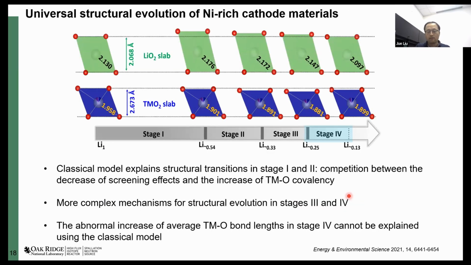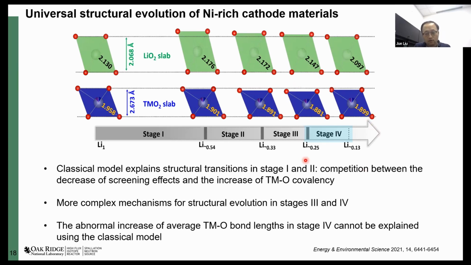Based on the conventional understanding of this type of system, there is a competition between the decrease of the lithium screening effect between 2 lithium layers and the increase of transition metal covalency when you take lithium out, or oxidize the transition metal or oxygen in the system.